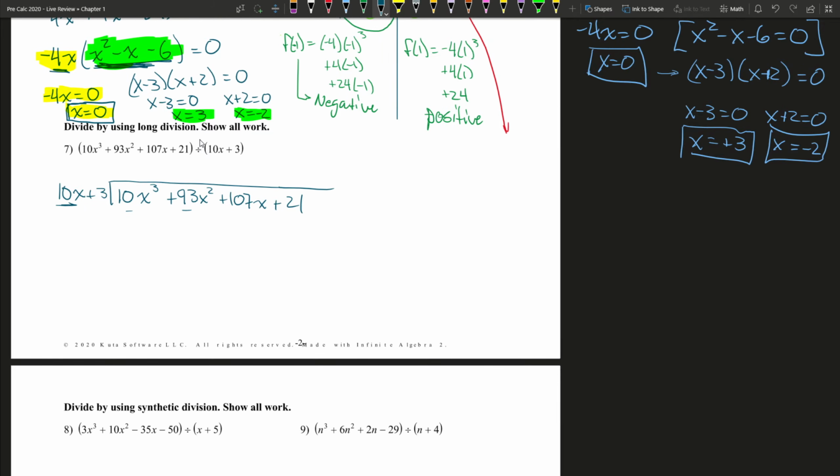Okay, but for this long division, we're looking to see how many times 10x goes into each one of these terms. So we ask ourselves, how many times does 10x go into 10x cubed? What times 10x is equal to 10x cubed? And the answer to that is just x squared.